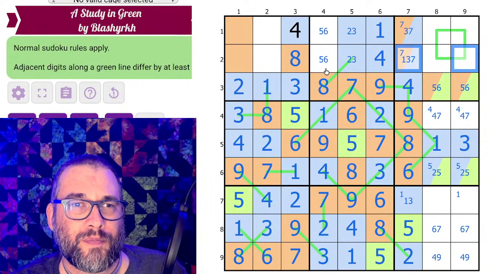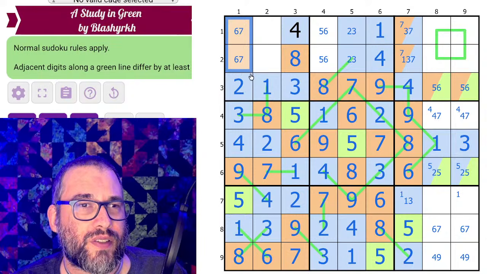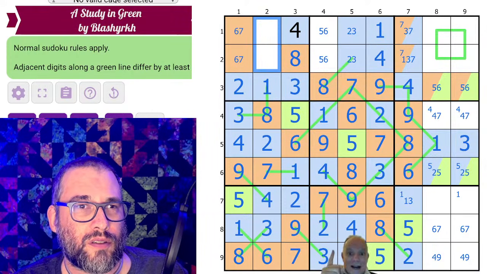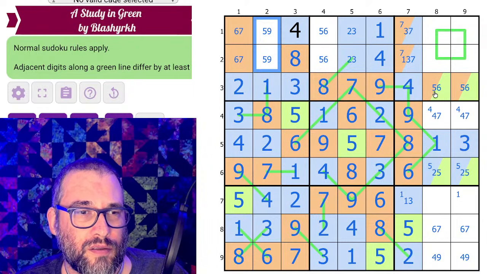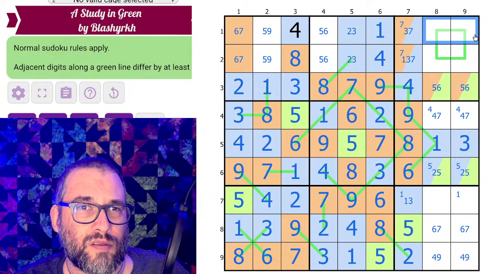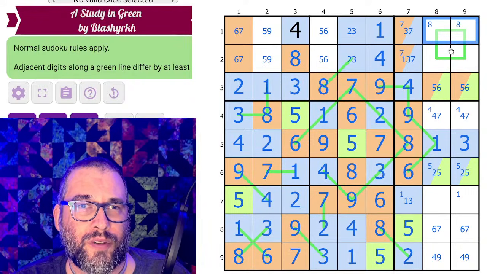Let's see. These are 6 and 7. These are 5 and 9. Yeah, one of these is 8.